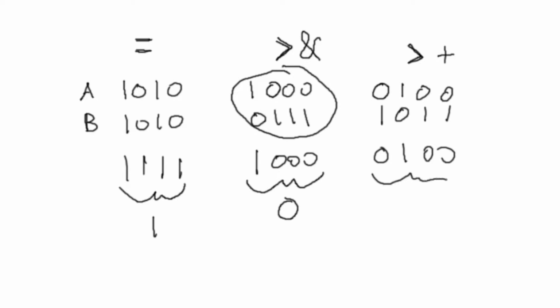So ORing all of these together, we get a 1, which is telling us that A is greater than B. But if you were to translate this into decimal, this is a 4 and this is 11. 4 is less than 11, so this is wrong too. So we need to establish some sort of algorithm that allows us to detect when one number is greater than or less than another, and obviously simply just using single bit comparators and performing some sort of logical operation between them all isn't going to cut it.